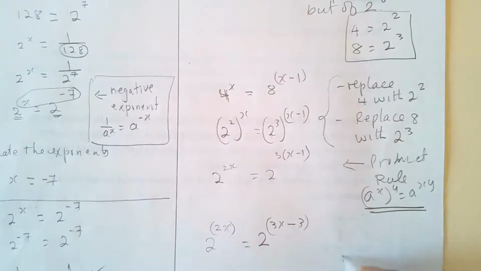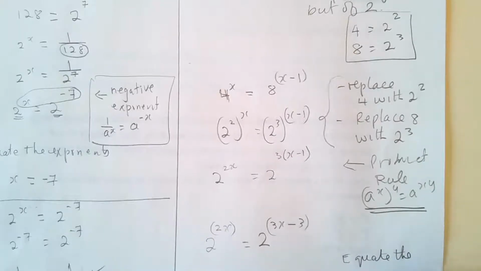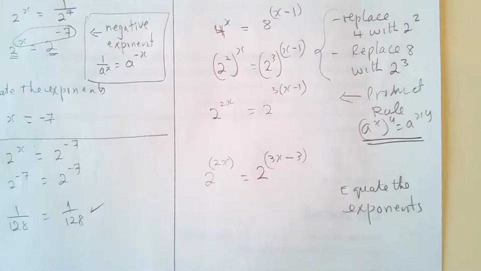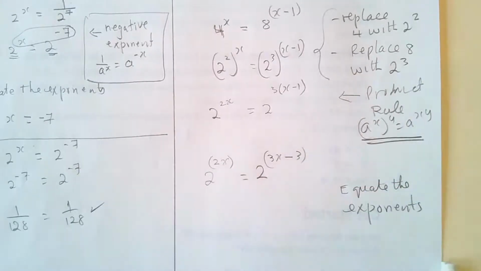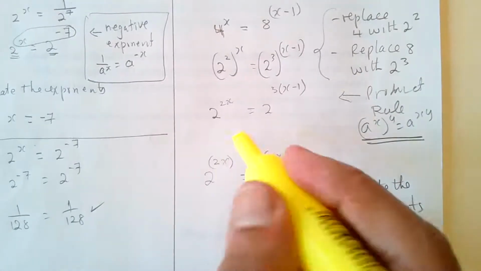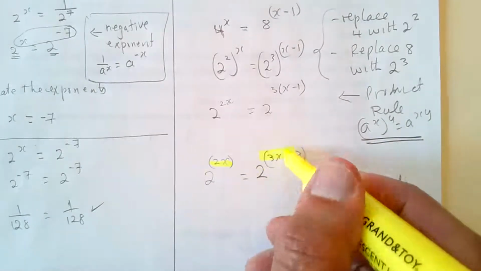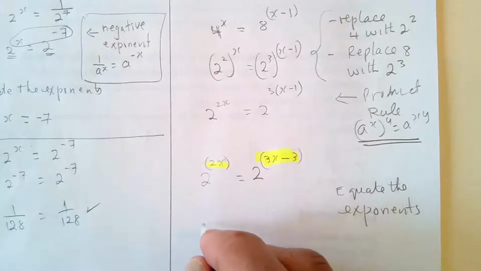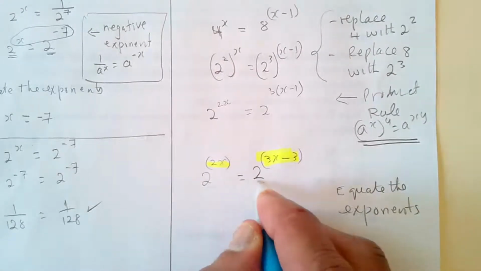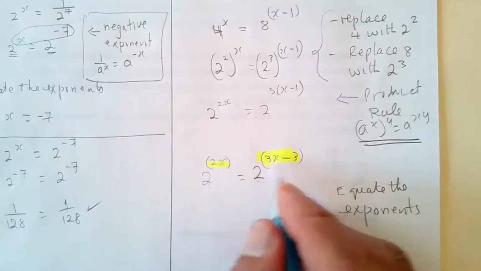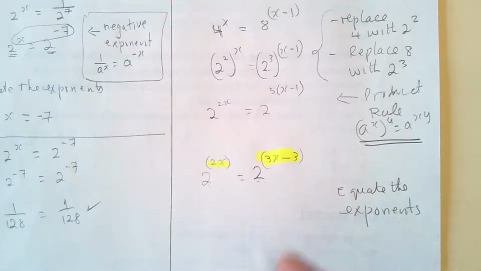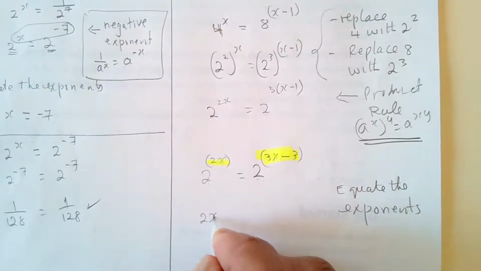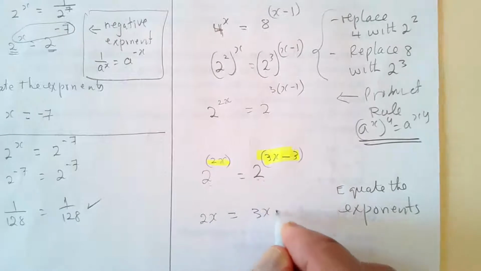Next step, we equate exponents. Because the bases are the same, therefore the exponents must be equal. 2x equals 3x minus 3.